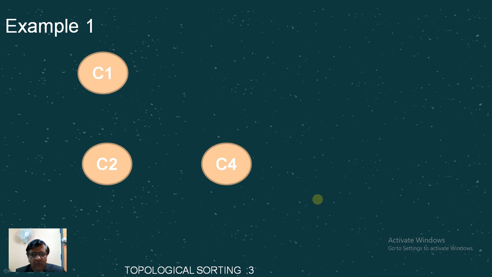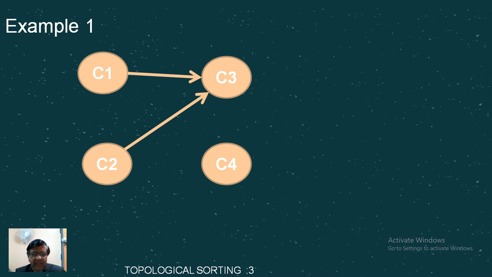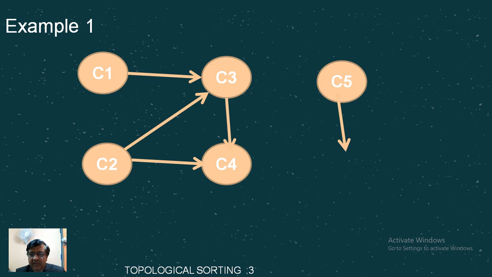C1 and C2 are the courses which can start simultaneously, and a student can take up course 3 if and only if he or she completes C1 and C2. C4 can be taken only upon completion of course 3 and course 2, and C5 can be taken only after completing course 4.